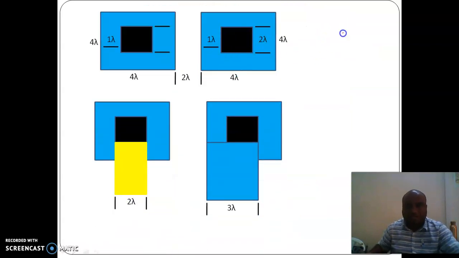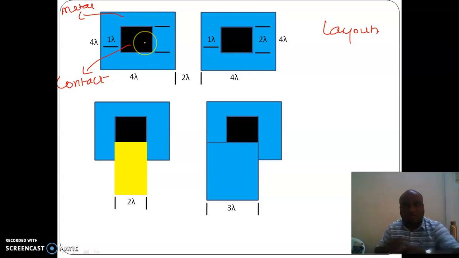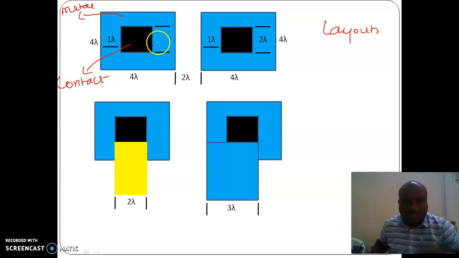A few more details of layouts. Here, blue color represents a metal, and black color represents a contact. How do we represent a contact in a metal?